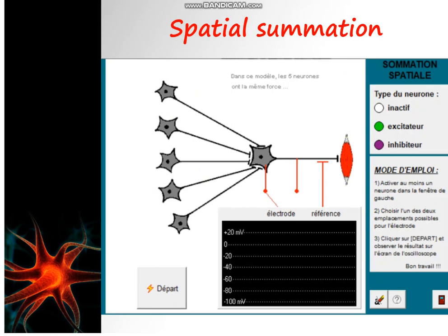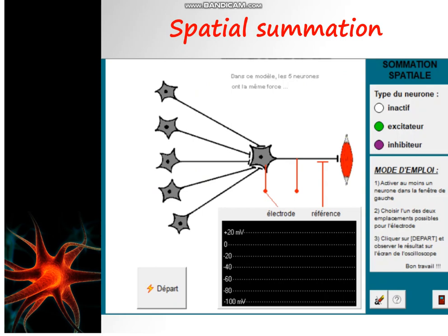In all experiments that we will see, we stimulate simultaneously many presynaptic neurons, and we record the variation of membrane potential at the level of the postsynaptic neuron.